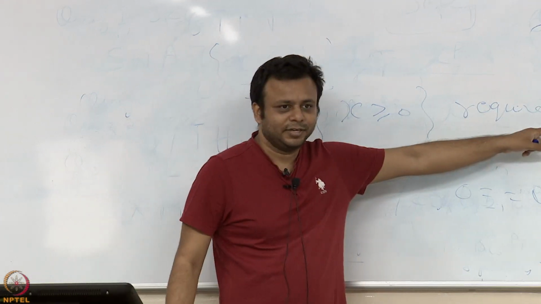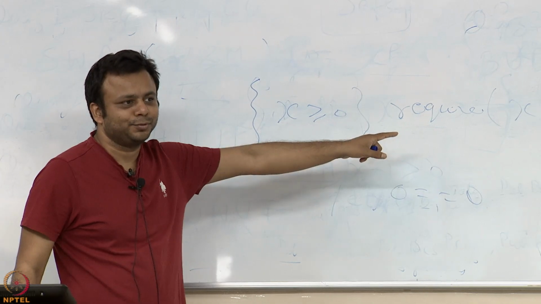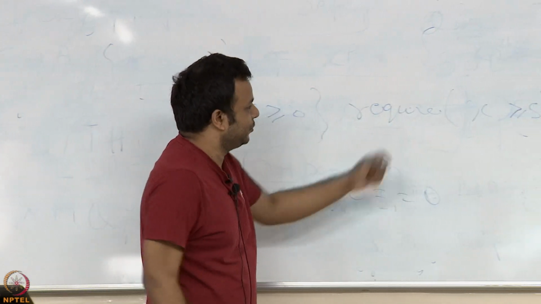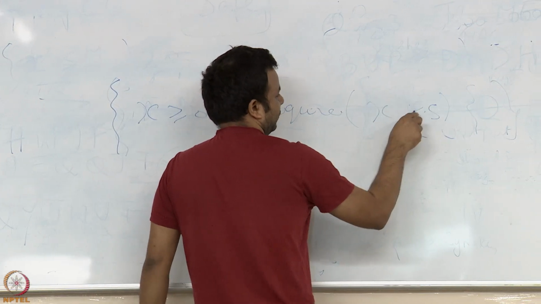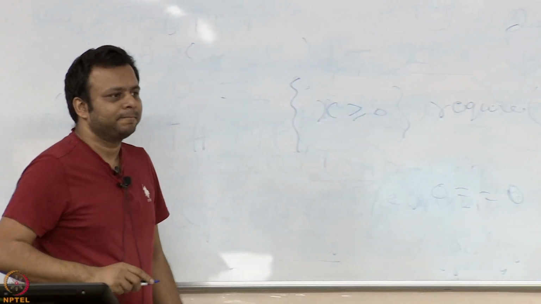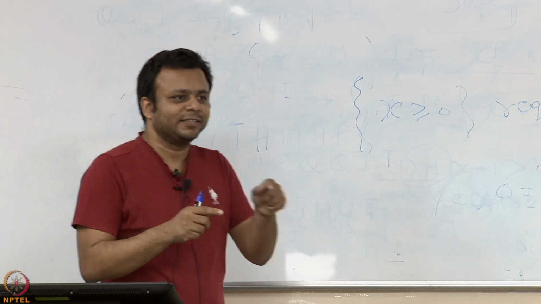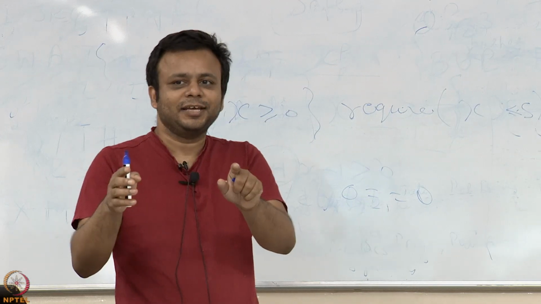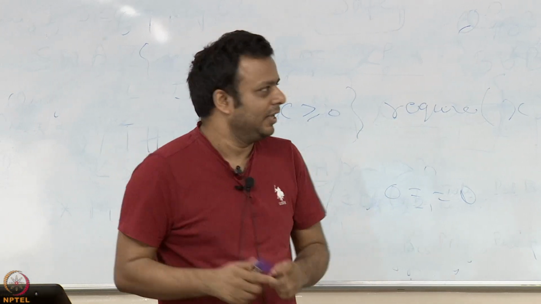You take a conjunction, both things have to be true. And let's suppose this says x is less than or equal to 5, then both things are true. When you finish, x has to be between 0 and 5.